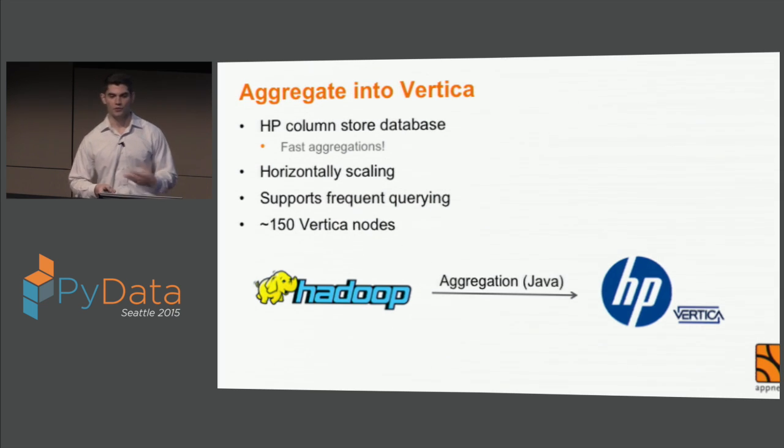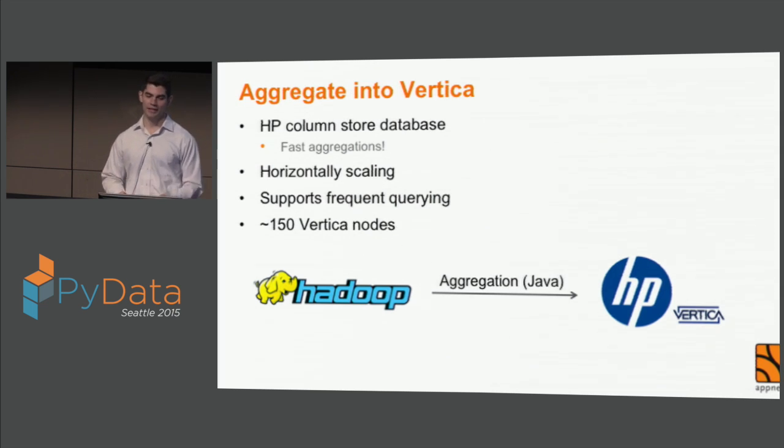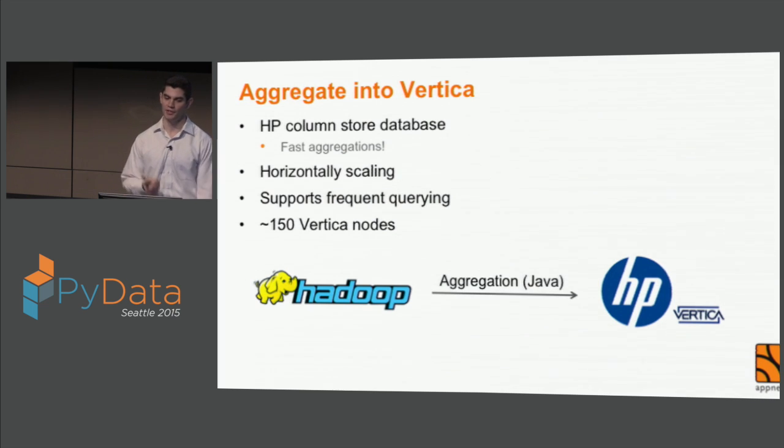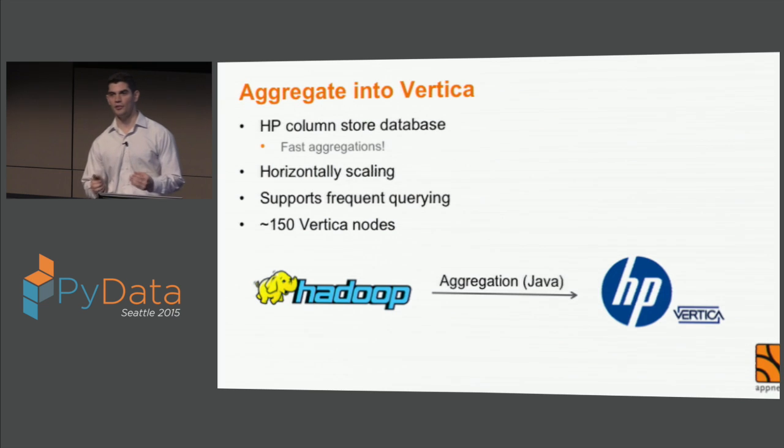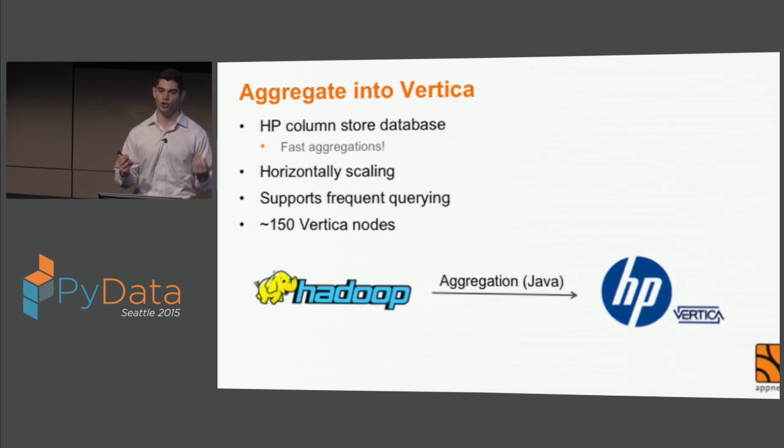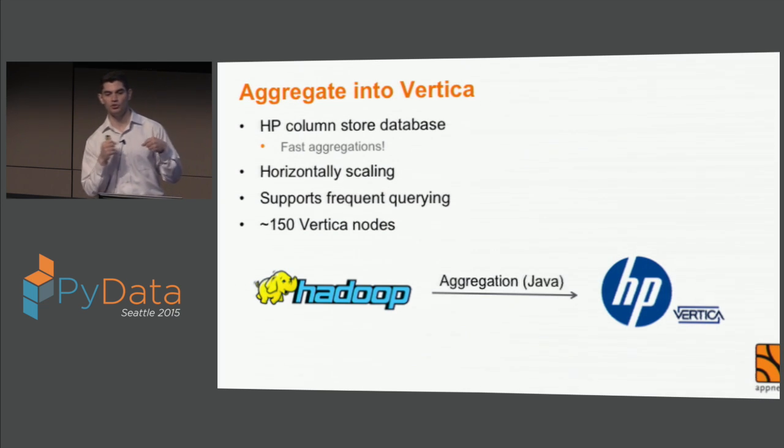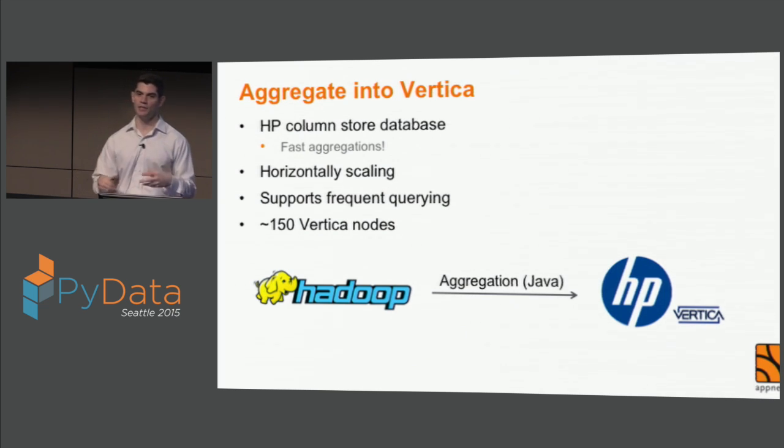Vertica supports frequent querying, and our Vertica cluster is composed of about 150 Vertica nodes. All the aggregations are done in Java, and they're supported by the AppNexus data team, which has built a giant infrastructure around pumping data from Hadoop into Vertica in meaningful ways and using complex logic. So we make pretty heavy use of that.